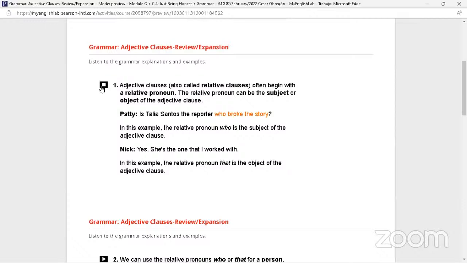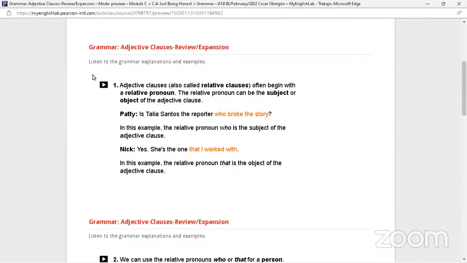Yes, she's the one that I worked with. In this example, the relative pronoun that is the object of the adjective clause. Do you have any questions in regards to this info? No.